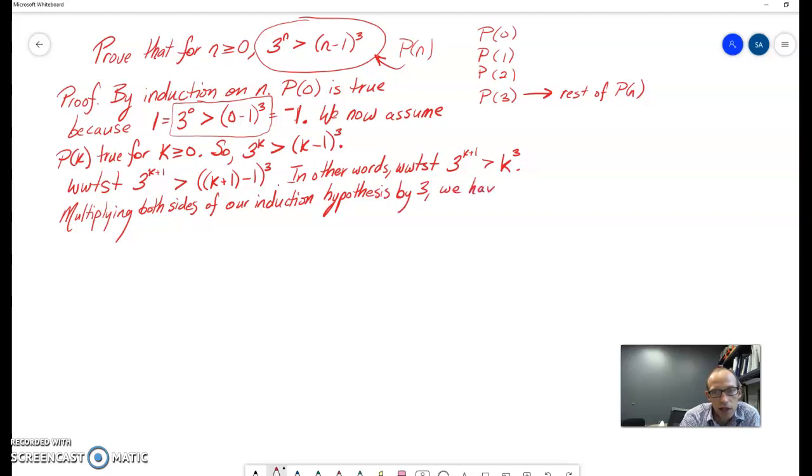And why am I doing that? Because I'm assuming this is true, and I'm trying to show this is true. So I want them to look like each other.